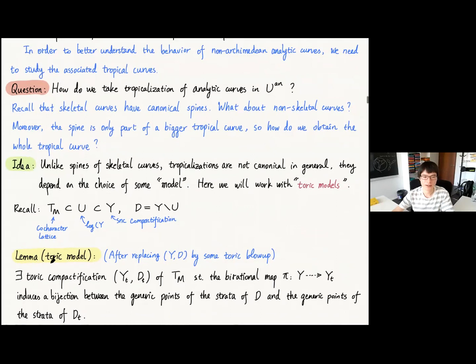Lemma for producing a toric model for our log Calabi-Yau. After replacing our pair (Y, D) by some toric blowup, there exists a toric compactification (Y_T, D_T) of this torus T_M such that the birational map pi from Y to Y_T induces a bijection between the generic points of the strata of D and the generic points of the strata of D_T.